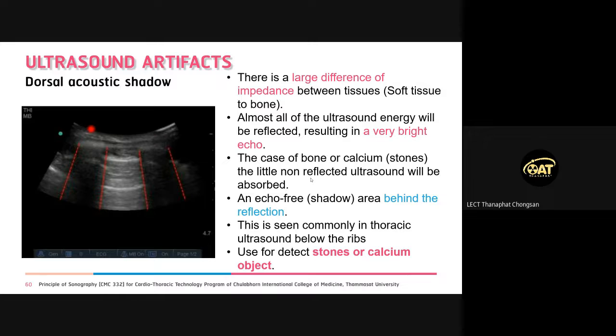So the receiver cannot receive any signal from the area behind the bone or calcium stone, and the image behind it appears dark. If we see this artifact, we can interpret that the reflecting object may be calcium stone or bone.